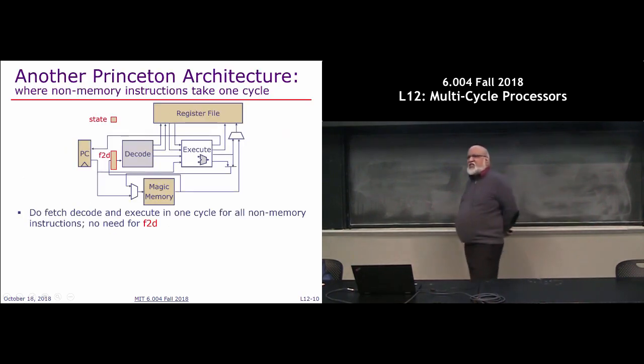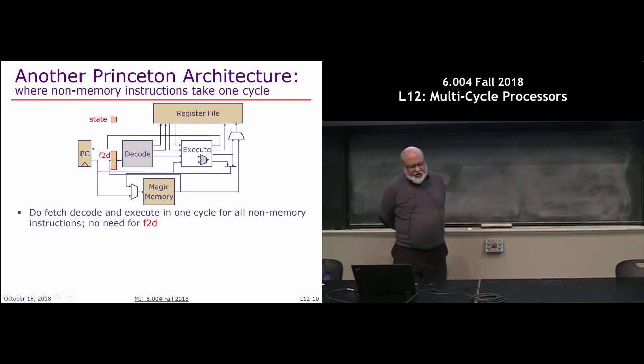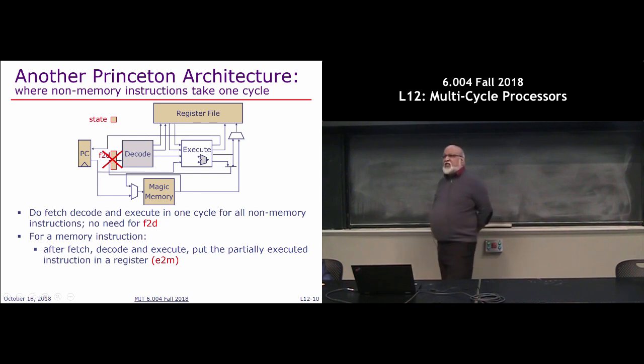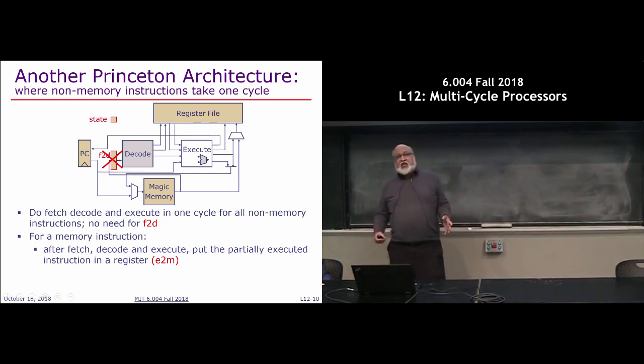So let's look at this picture again. If I'm going to execute everything as soon as it comes out of the memory, except for load and store instructions, then I don't need F to D because I don't have to store the instruction. So I can take this out, and then for a memory instruction, please store the partially executed instruction because execution has done something.